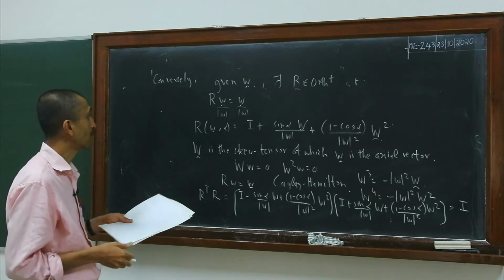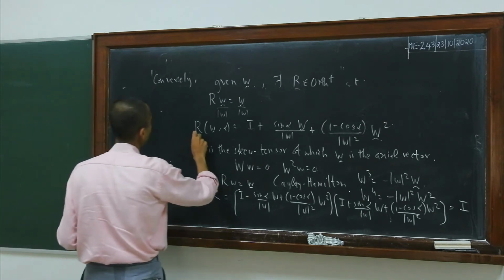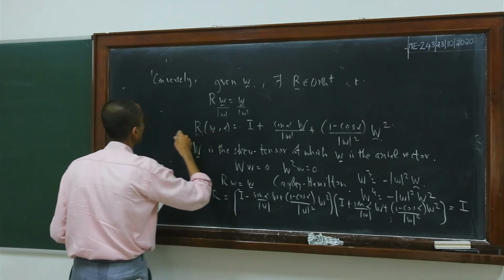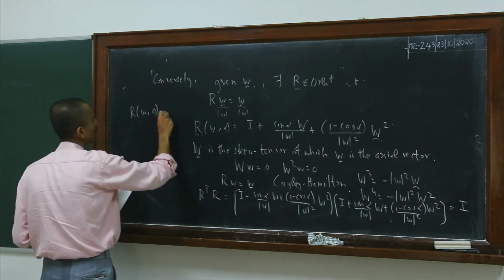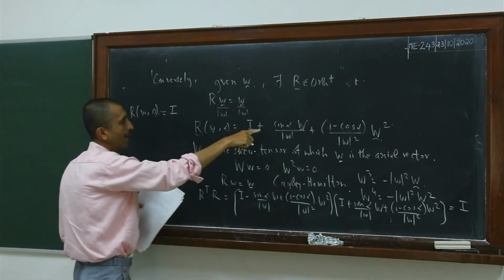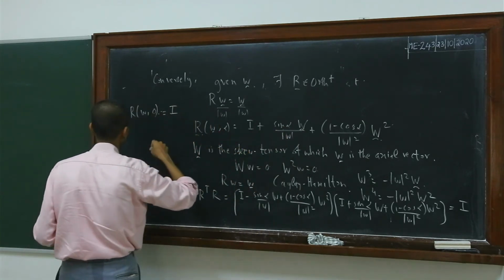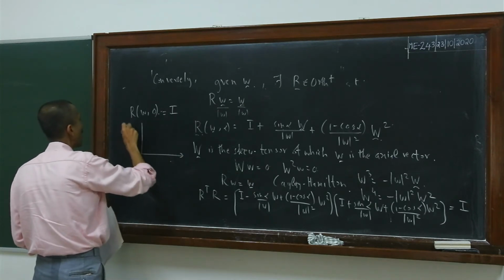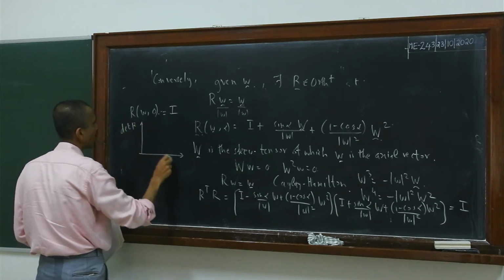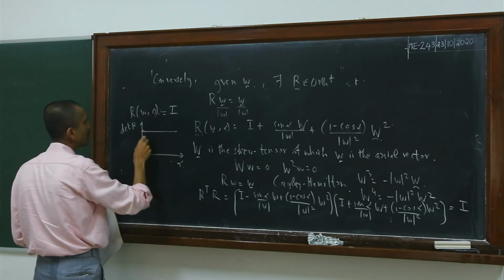Now we also have to show that it is a proper orthogonal tensor. If you take R of W comma 0, that is just the identity tensor. If you set alpha equal to 0, you will get that it is an identity tensor. And if you now draw the determinant of R as a function of alpha, you will see that at alpha equal to 0 it is 1, correct?